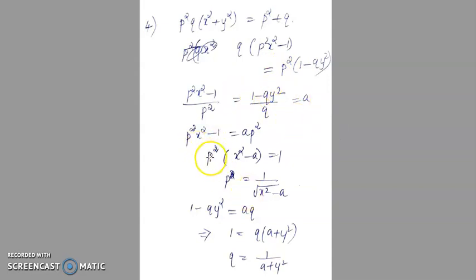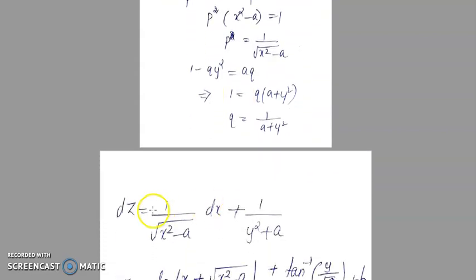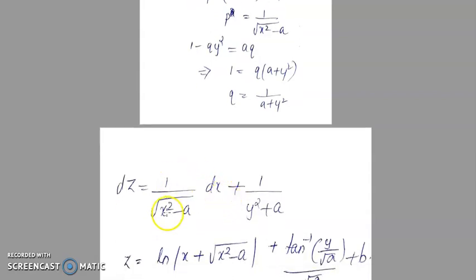So you will get p square into x square minus a equal to 1. Then p will be 1 by root of x square minus a square. Similarly the value of q will be 1 by y square plus a square. So now write down the equation dz equal to p dx plus q dy. So the equation is dz equals 1 by root of x square minus a square dx plus 1 by y square plus a square dy. So this is in the form 1 by root of x square minus a square, and this is the 1 by y square plus a square formula.